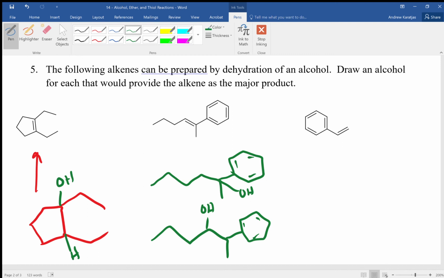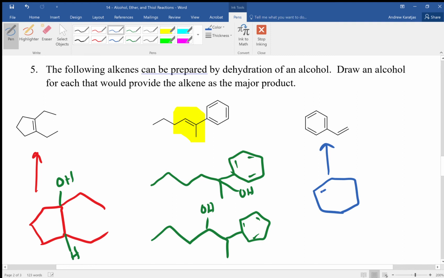Because regardless of where I put it, this is the alkene that's going to form because it's more substituted. And in our third one, it also doesn't matter which carbon I put it at. So I could make that the starting material. Or that, because there's no other carbons where the elimination could take place.